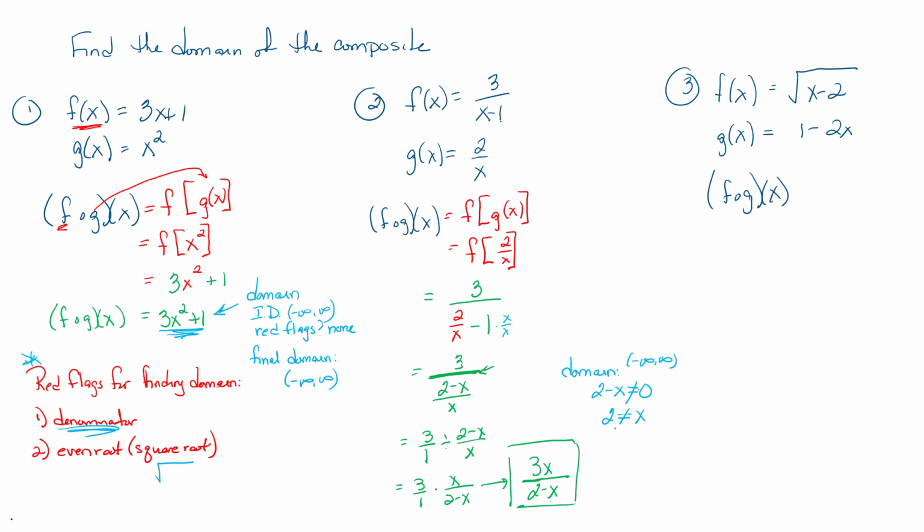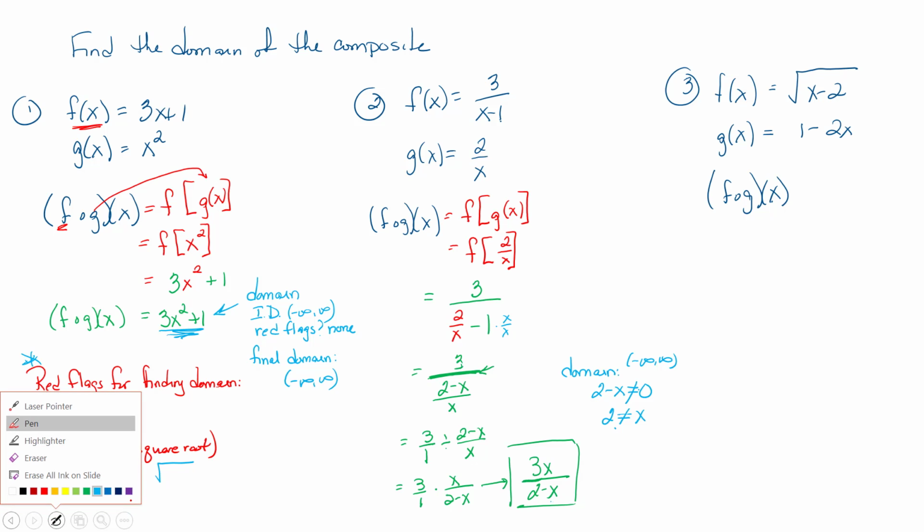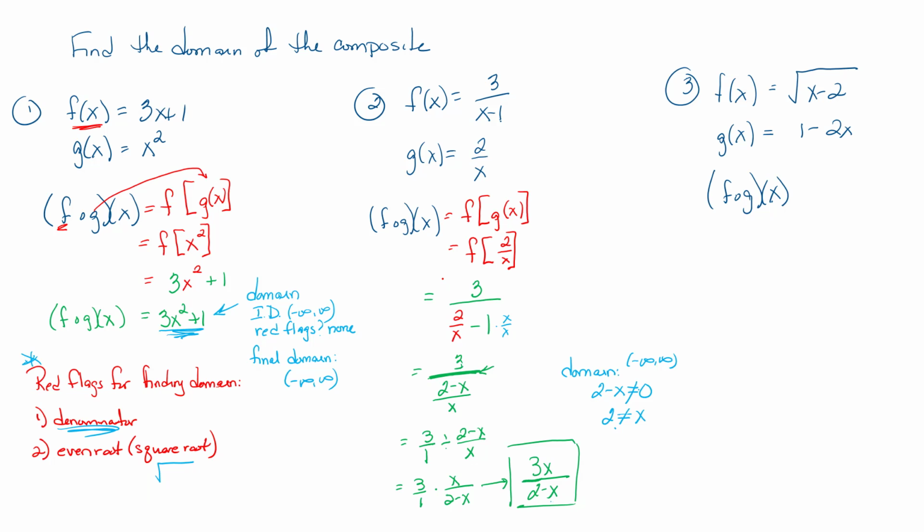Now, there's one other thing I really need you to notice here. Back in this very first step, where we actually plugged in the 2 over x, I ended up having a denominator within a denominator. And this denominator cannot be equal to what number? You're right, it can't be equal to 0.